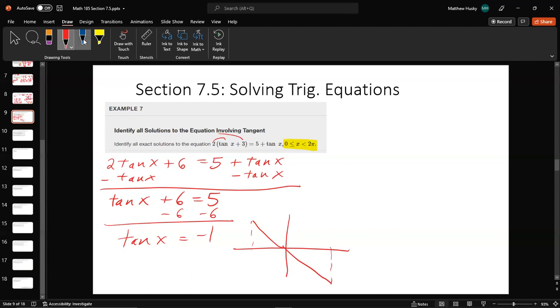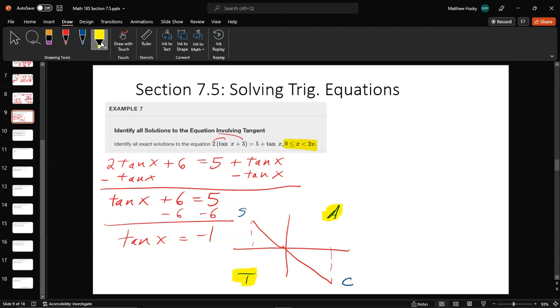If you remember the little memory trick, "All Students Take Calculus." Tangent is positive here, and all of them are positive there. So then you need quadrants 2 and 4 to get either a negative sine or a negative cosine.